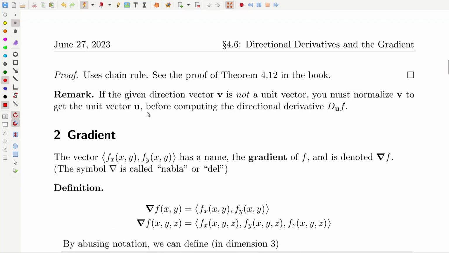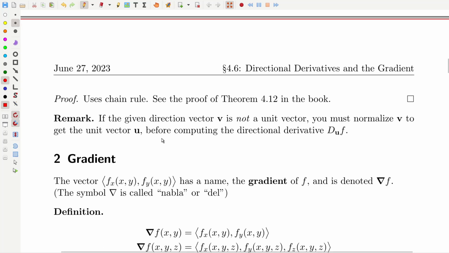So if in any problem statement you're being asked to calculate the derivative in some direction given by some vector, but that vector doesn't have unit length, the first thing that you need to do is to normalize that vector, make it a vector of unit length. Typically, in the way that these problems are described, the non-unit length vector is denoted with some other letter than u. So like in my instance, I'm using v here.